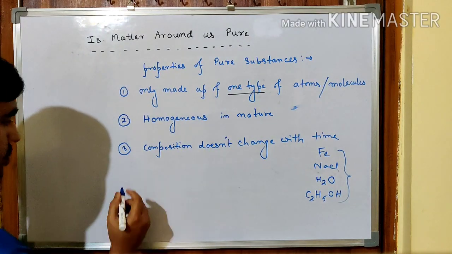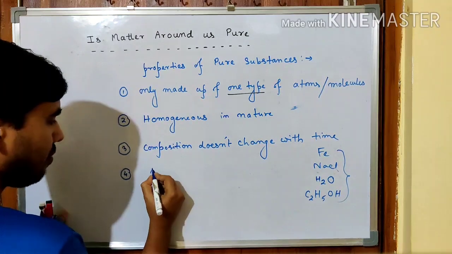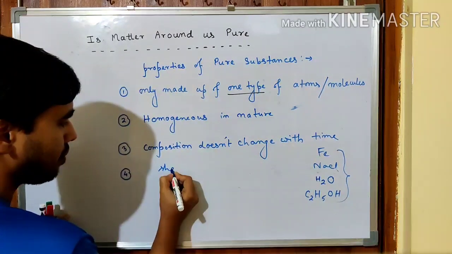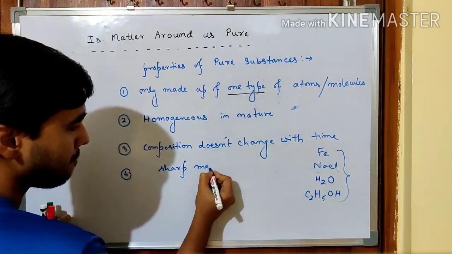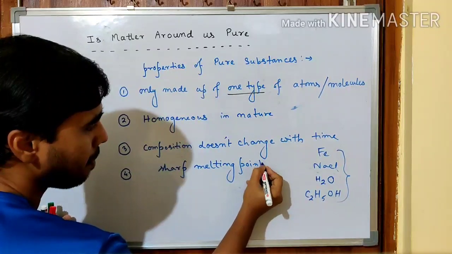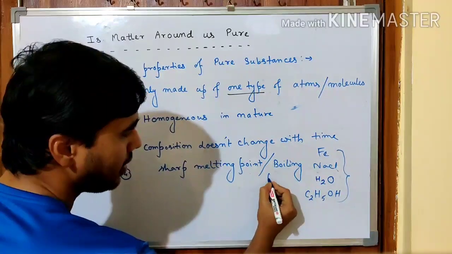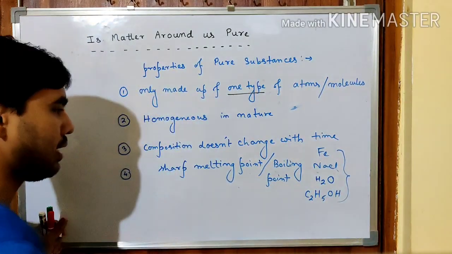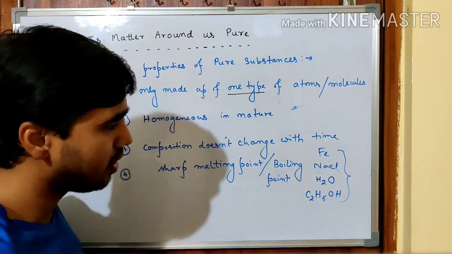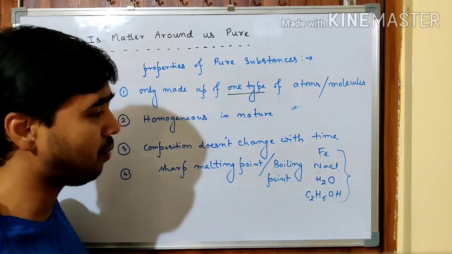The fourth one is that pure substances will have a sharp melting point as well as a sharp boiling point. I'll provide you a chart right after this so that you can see that all these pure substances normally have a particular melting point.